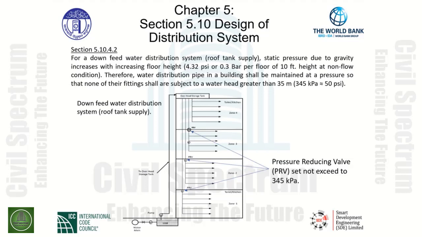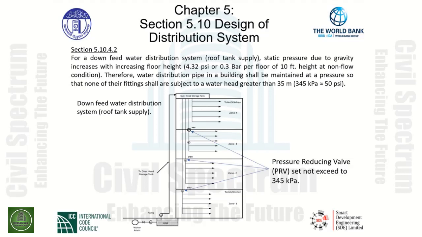In the graphic below, we see a downfeed water distribution system with a roof tank supply. On the very top of the building, water is introduced into this storage tank.